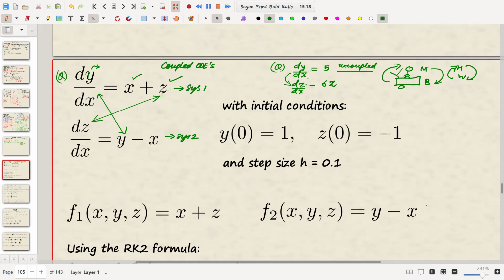Durga, you tell Samuel. How does the second equation also depend?